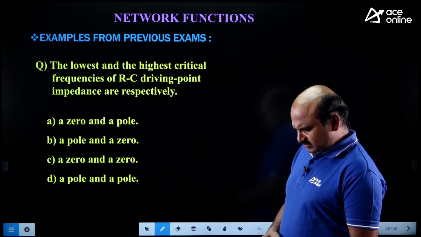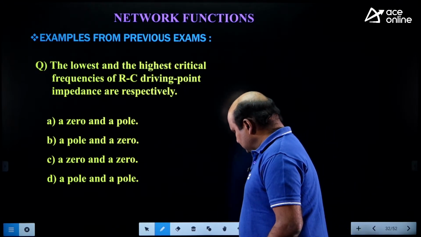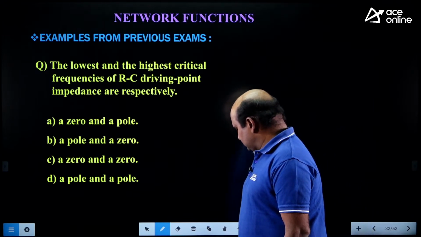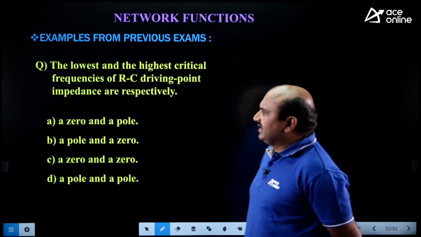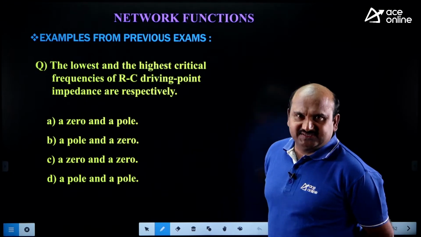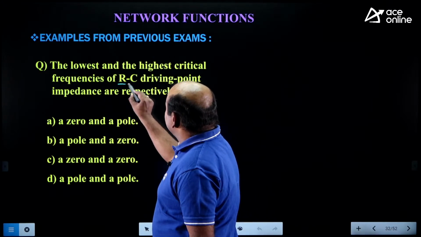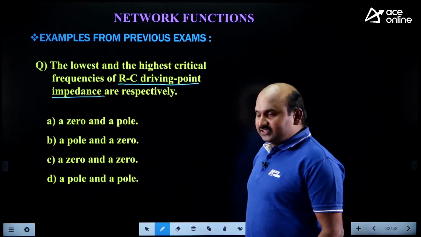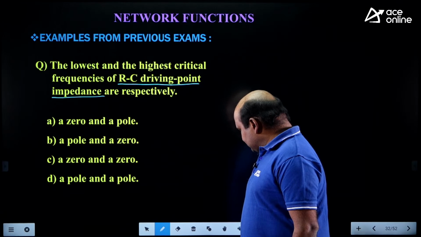First question: the lowest and highest critical frequencies of an RC driving point impedance are respectively. The lowest and highest for an RC driving point impedance. Tell me which is the correct option for the RC driving point impedance function.